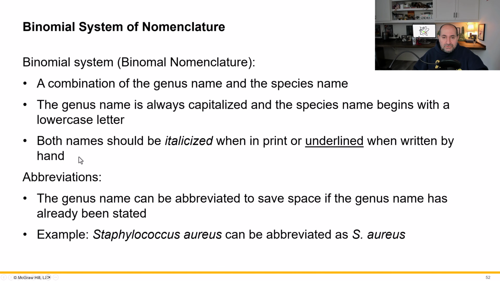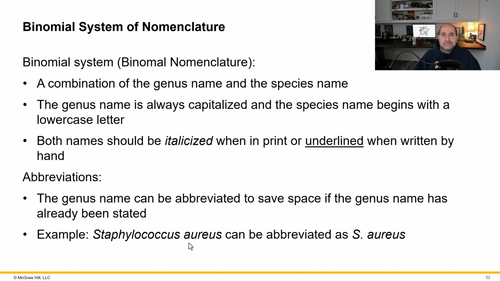Also, the genus name is always capitalized and the species name is lowercase. So you see, Staphylococcus needs to be capitalized, aureus needs to be lowercase. Okay, so these are the rules of the binomial nomenclature. And we're going to be looking at so many different organisms. You've heard of E. coli, right?